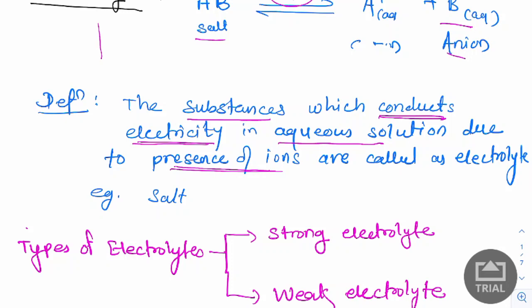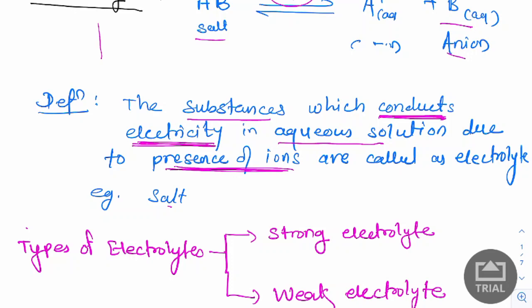Common examples are NaCl solution, HCl solution, acetic acid solution, etc. Those substances which conduct electricity in aqueous medium due to the presence of ions are called electrolytes.